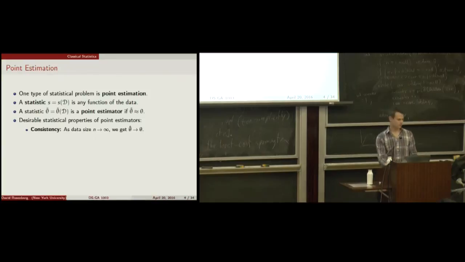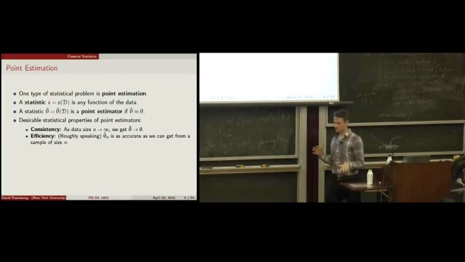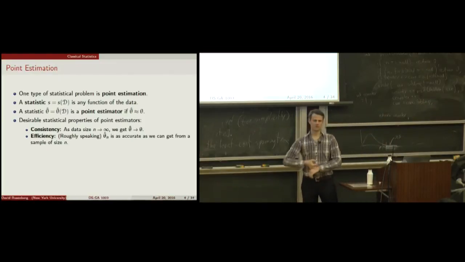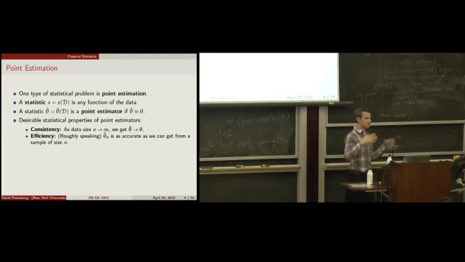So consistency is one. If you get into more advanced statistics classes, you'll talk about efficiency, which is, very roughly speaking, whether your point estimator gets to the true parameter value as fast as you can for any given value of n. So in a certain sense, the mean is a more efficient estimator of the expected value than the median, even though for certain distributions, the median and the mean are the same.